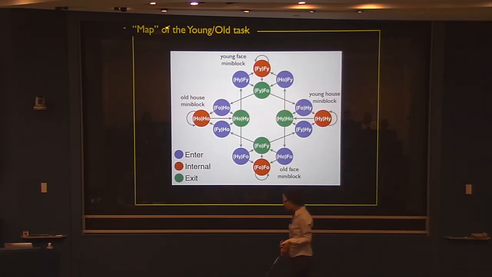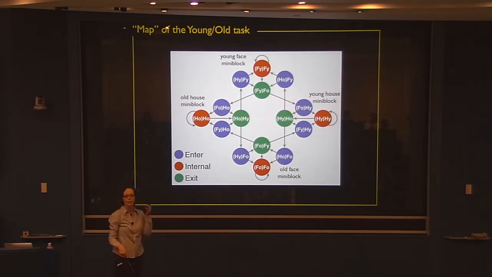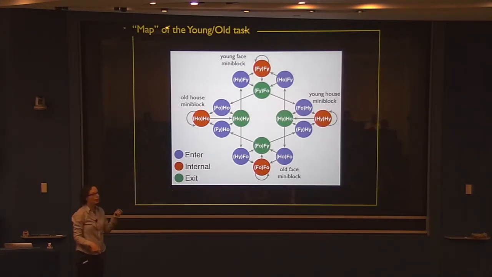And so our first question is, can we see these states in the orbitofrontal cortex? These are states of the task. They're unobservable. We had hypothesized that a map of this task sits in the orbitofrontal cortex. So what we do is we try to decode on each trial, based on the pattern of activity in fMRI, the whole pattern of activity in the whole orbitofrontal cortex, what state are you in out of these 16?